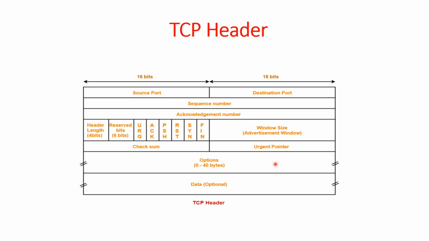This field is optional and can be used for various purposes such as specifying maximum segment size or enabling selective acknowledgement. Padding, variable length, used to ensure that the TCP header is aligned to a 32-bit boundary.